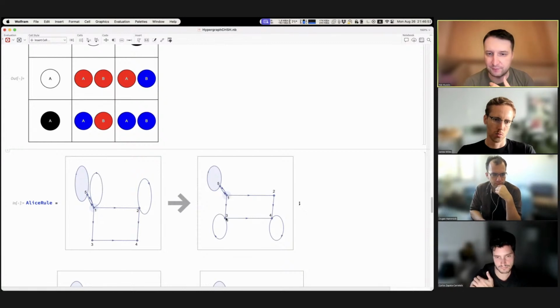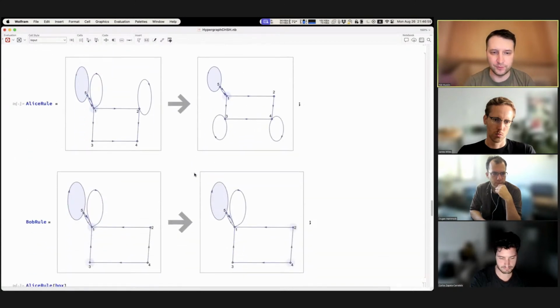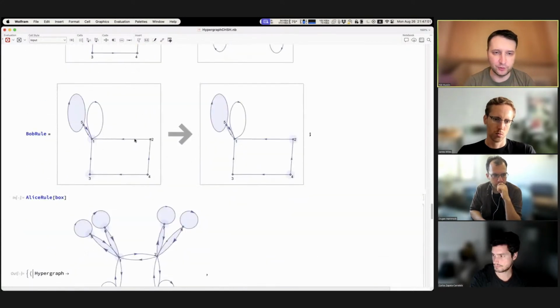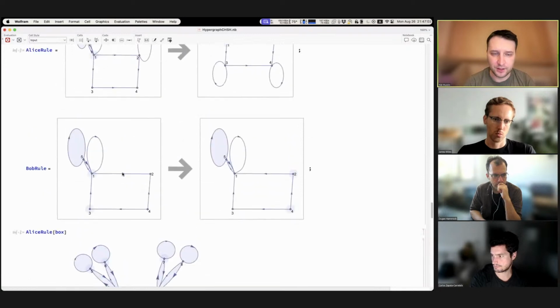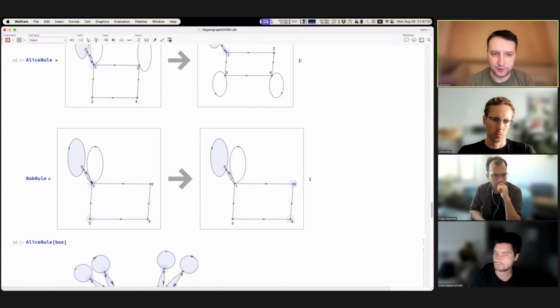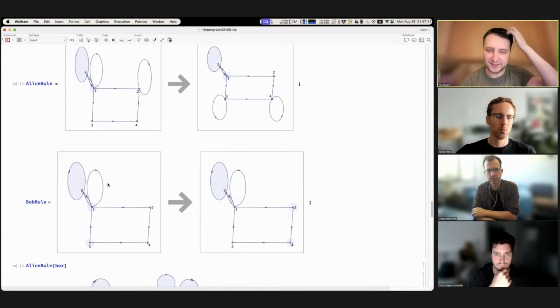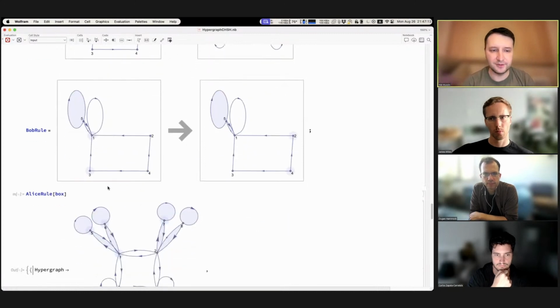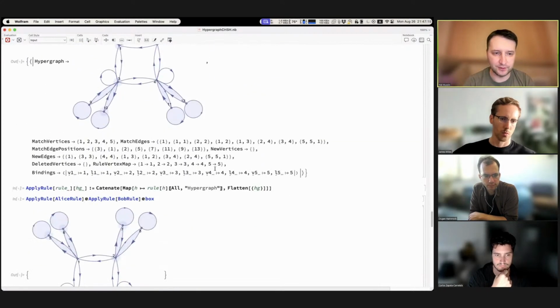And what it does, it just swaps the loop, going from top to bottom or bottom to top. And Bob's rule is doing a similar manipulation, but it's doing it to this unary edge, right? It swaps it left, right, left, right. And how these rules are constructed, you can actually apply them, you can compose them together.